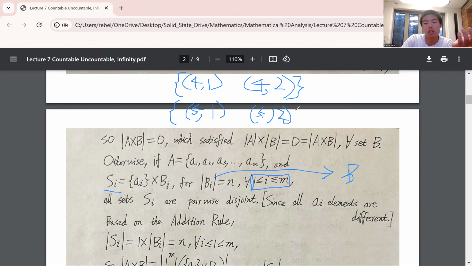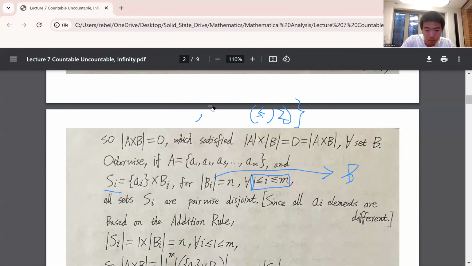And these two sets are definitely disjoint because they definitely have different first coordinates, and that's why we can conclude something like that. So in this case, we have found they are pairwise disjoint, and we can apply a rule we learned before. It's called the addition rule.